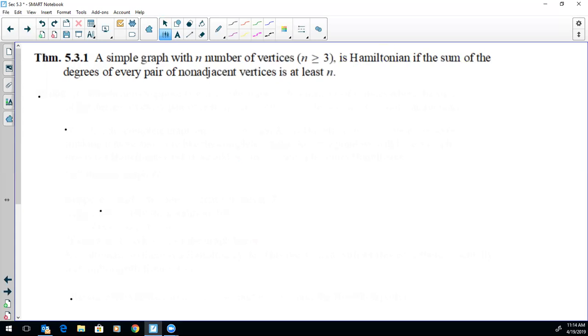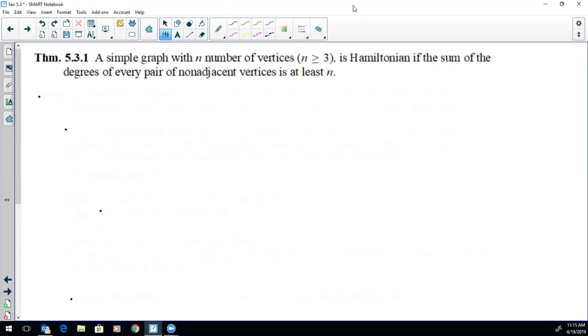If you know certain things are true, then you know it's Hamiltonian, but it doesn't give you a necessary condition. Not every Hamiltonian graph has to have that.